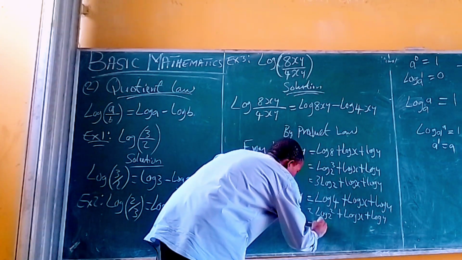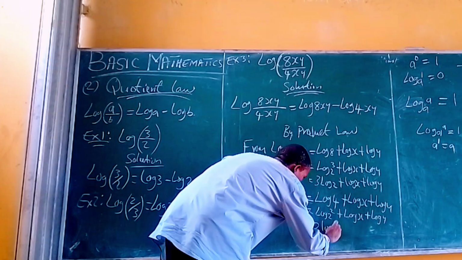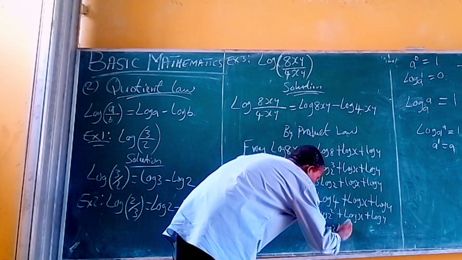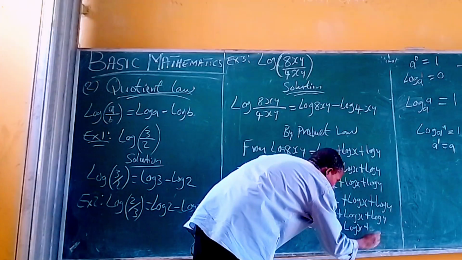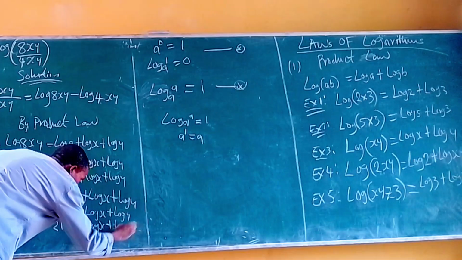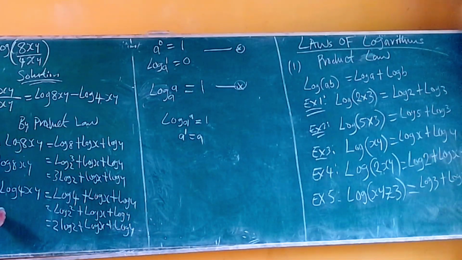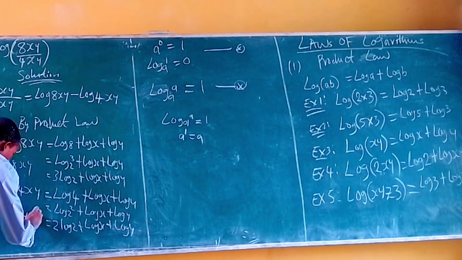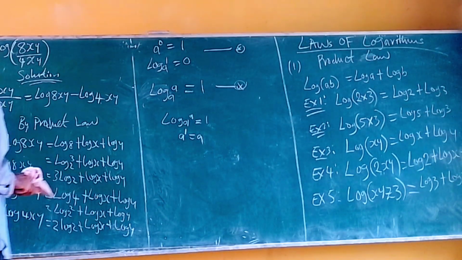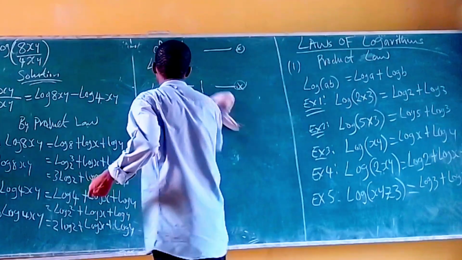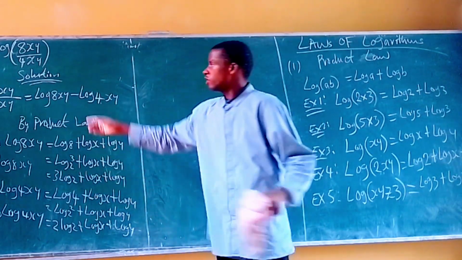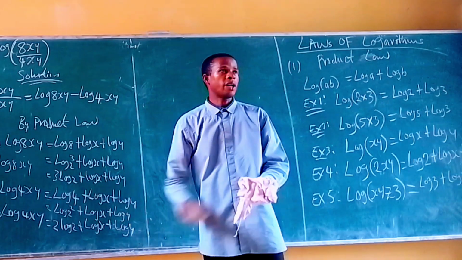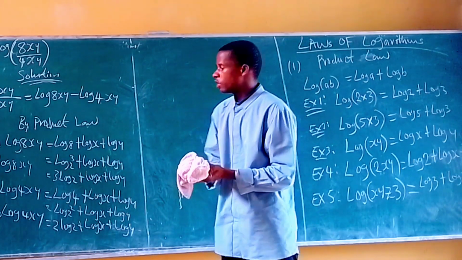This comes down as 2 log 2 plus log x plus log y. Now you can just add or subtract them if you want. Normally we just stop at this point, but if they ask you to simplify, you can.